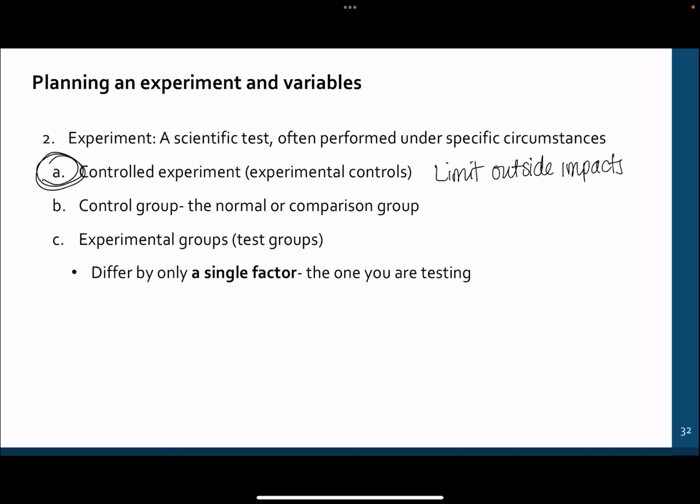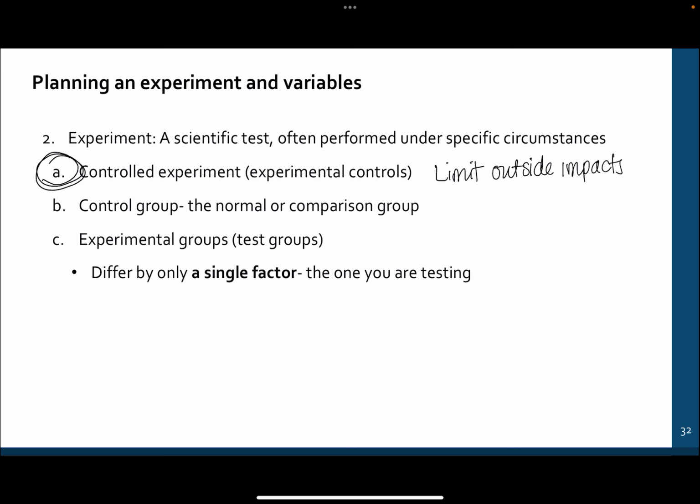So as best you can, you want to ensure that the only thing affecting your results is the one specific variable that you are testing, the one factor that you think is the cause for the question you are trying to answer. So we do this by setting specific controls in our experiment, conditions that are going to limit outside influences. We're going to always establish a control group.